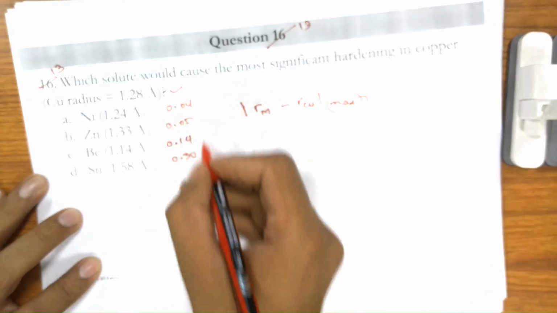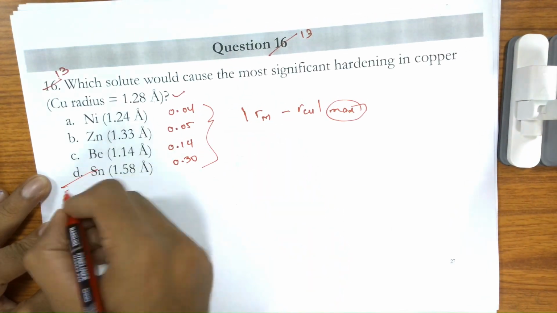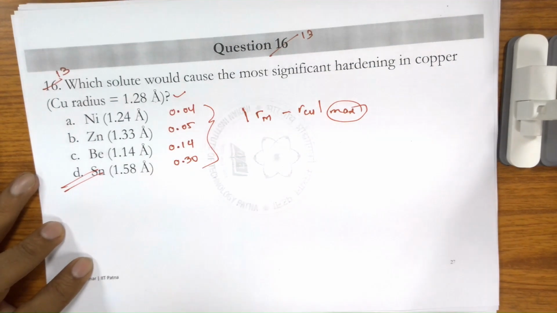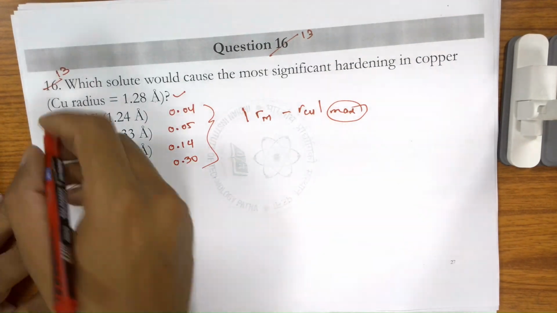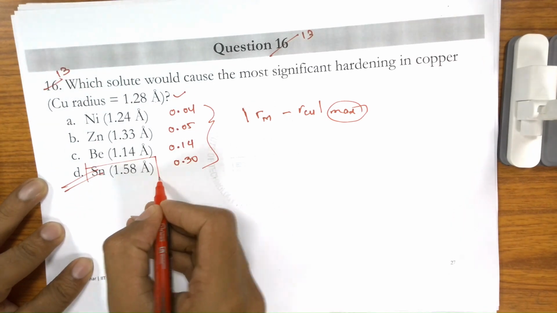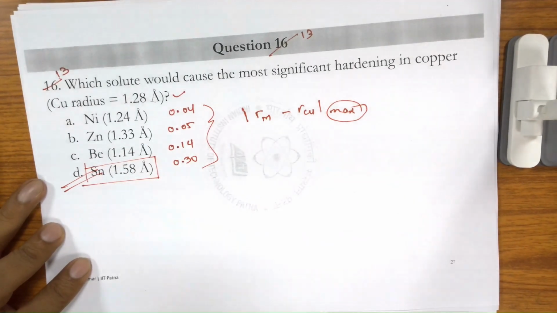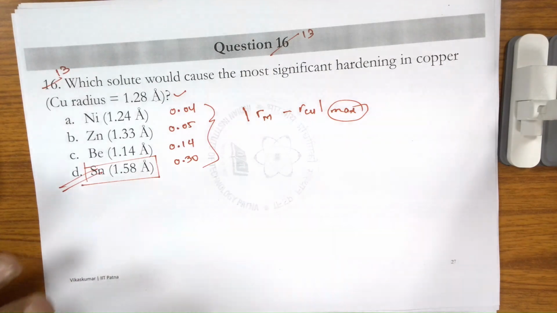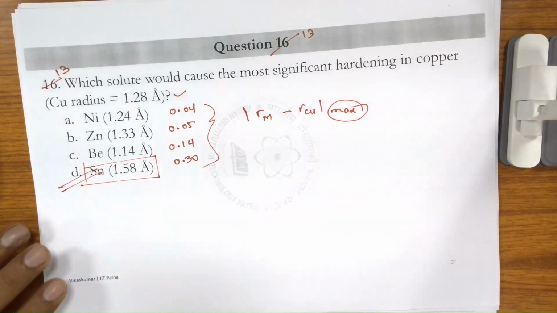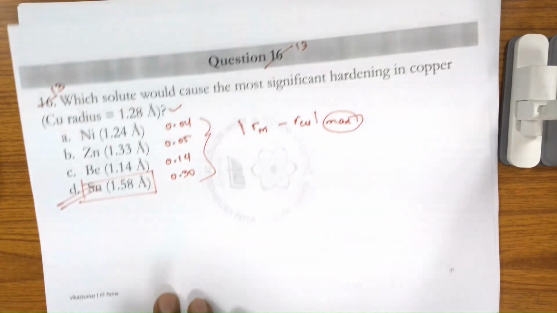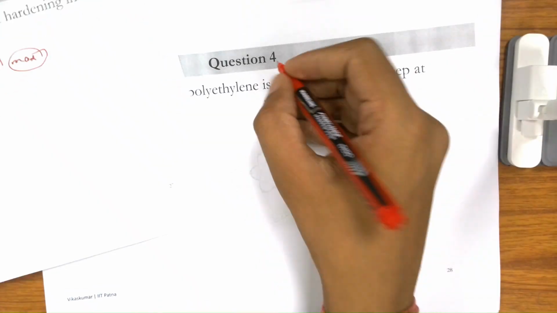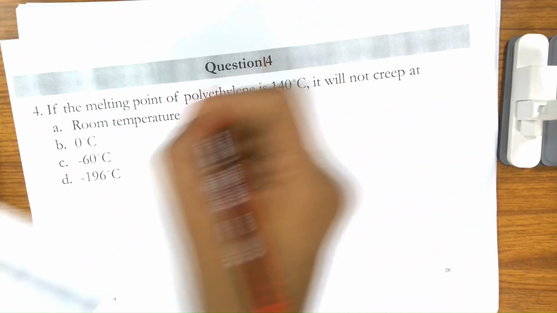The maximum magnitude difference which we have got is in option D. So with that we can say that if we substitute copper with this particular metal, we are going to get maximum hardening in the copper. Okay, so let's move ahead to the next question, question number 14.